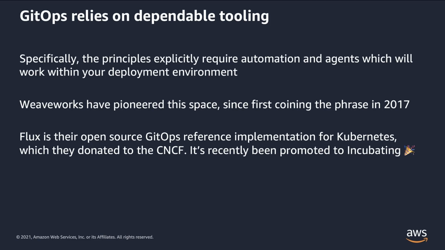Weaveworks really pioneered this space. They first coined the term in 2017. They have been working on this family of controllers called Flux pretty much the whole time. Flux is in the CNCF. They've donated it, and it's been in the sandbox for a while. It's just recently been promoted to incubating status, which is fantastic.